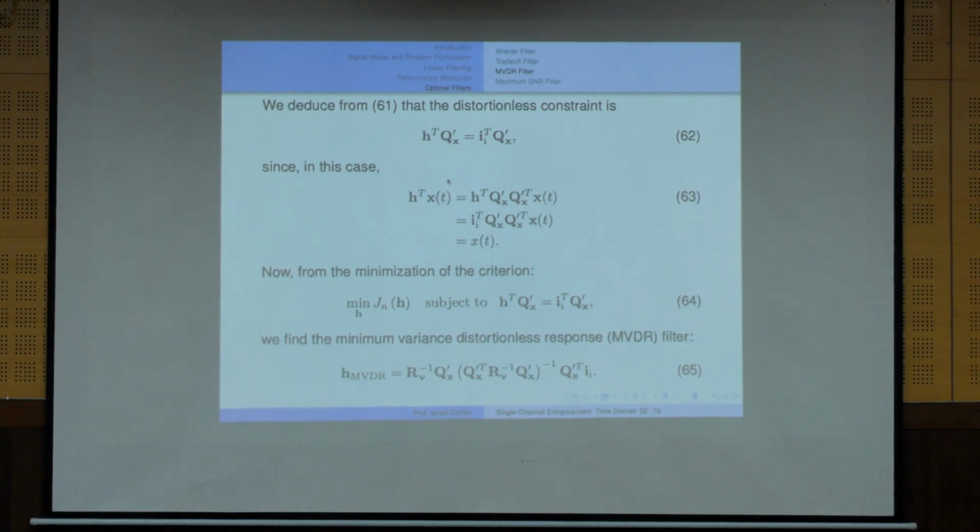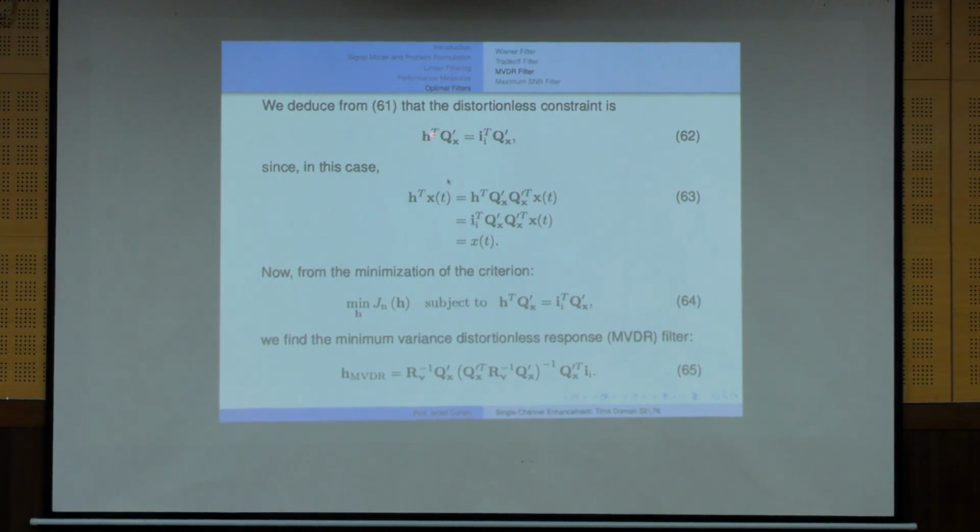If it was L, it would not be good. Because if we take any subspace with a basis of L vectors, and we apply H transpose to all these L vectors, and we want them to be distortionless, then it means that we cannot reduce any noise.